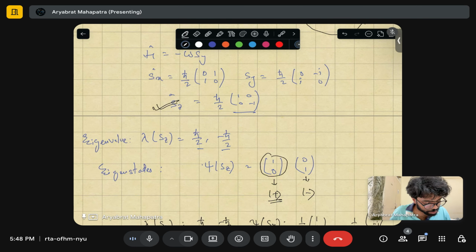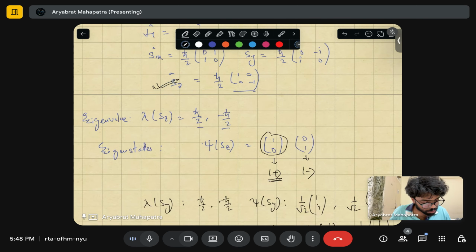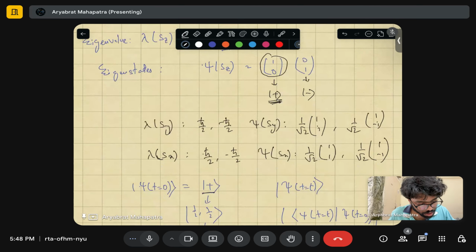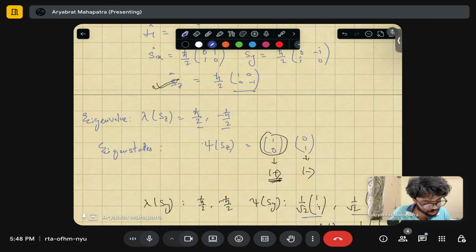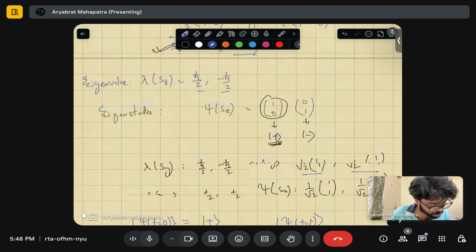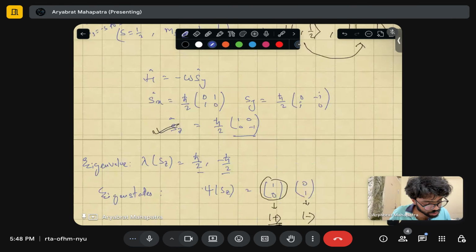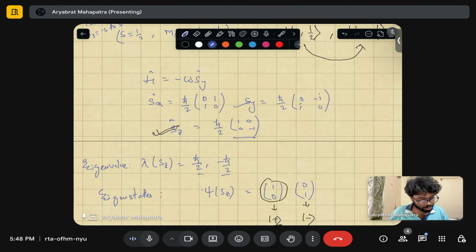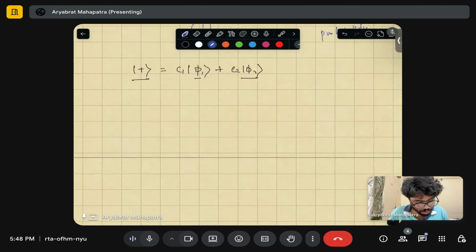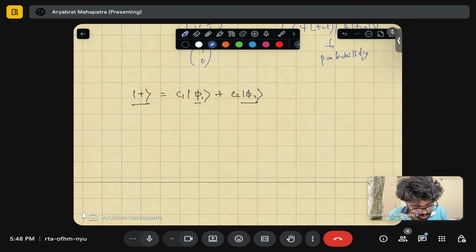But I'm expressing this in terms of eigenvectors of the Sy matrix. So I can express that plus vector in terms of some linear combination of phi 1 and phi 2.